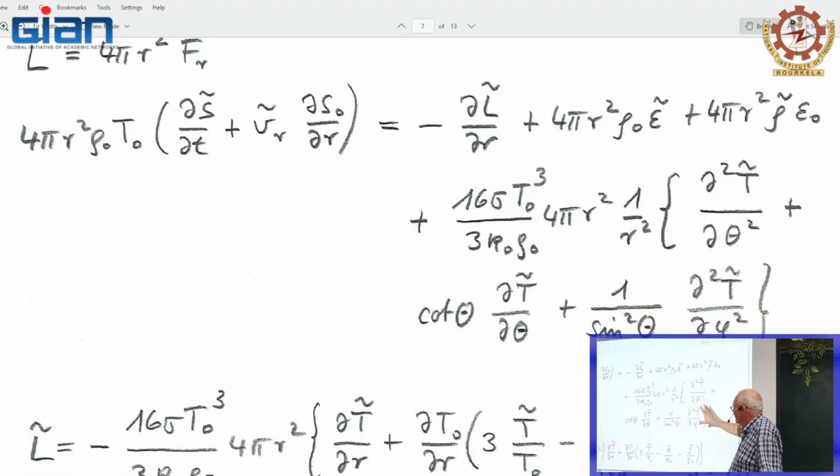So keep in mind, only these combinations of the angular derivatives appear in the perturbation equations.